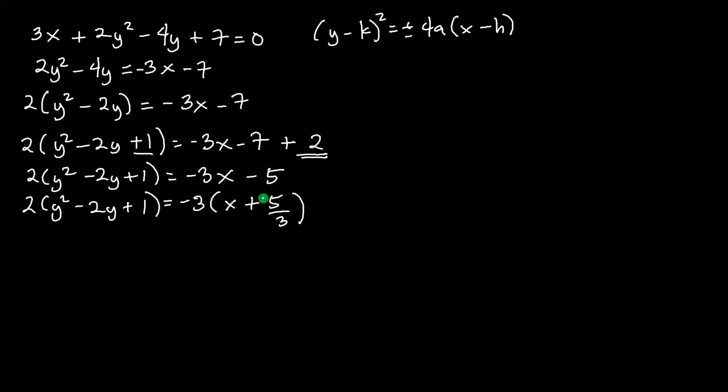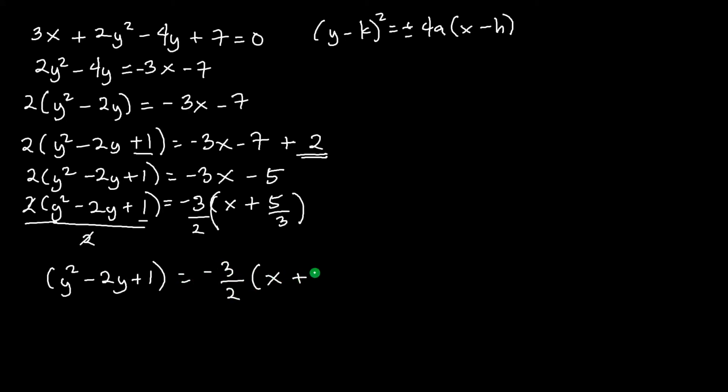Okay. Since in our standard form of the equation, we don't have a factor here on y minus k squared. So, cancel 2. We have y squared minus 2y plus 1 equals -3/2 of x plus 5/3.